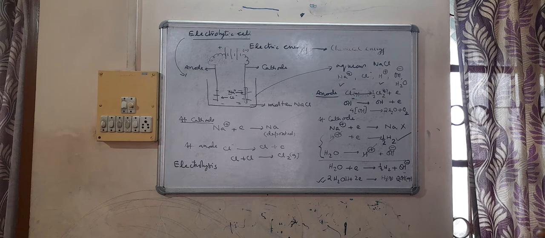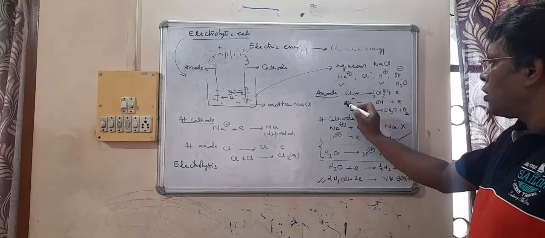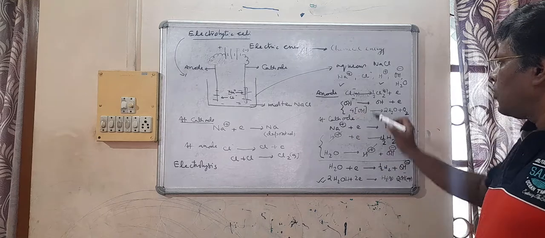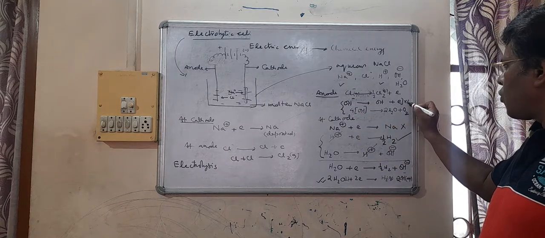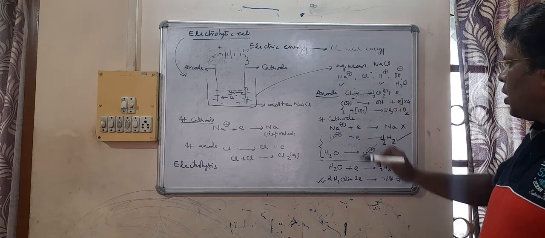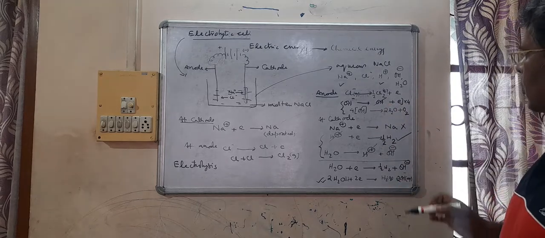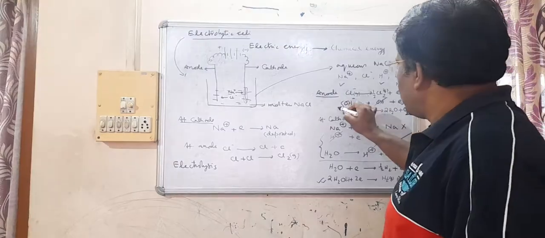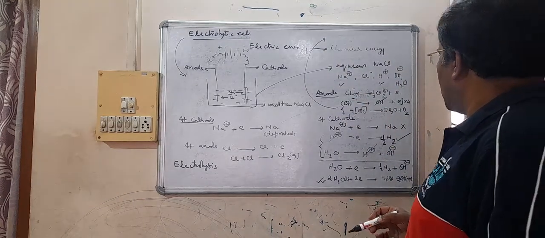So, if we can combine this, before we combine these two, let us multiply this by 4, because here we have 4 OH. This OH is coming from here. So this one and this one will cancel, and I am writing it here. The process taking place at anode.